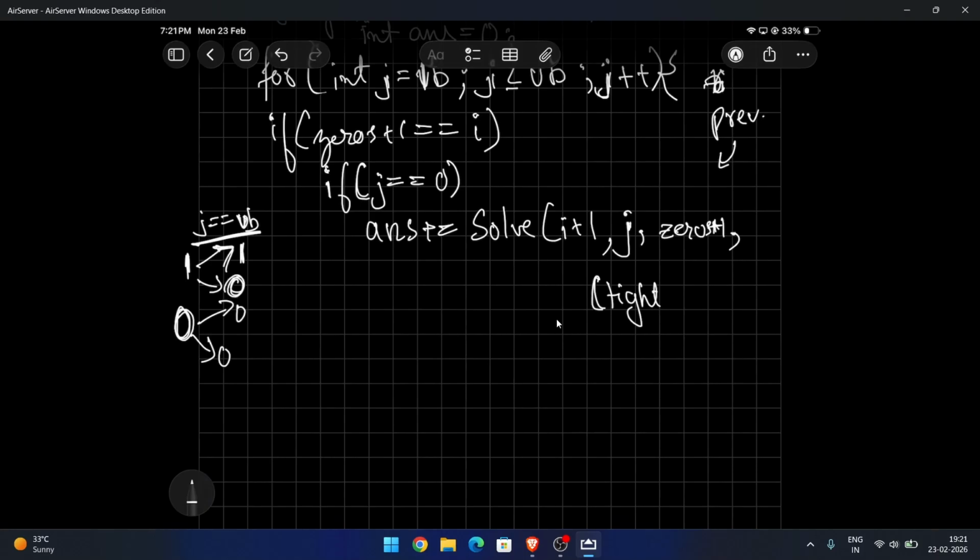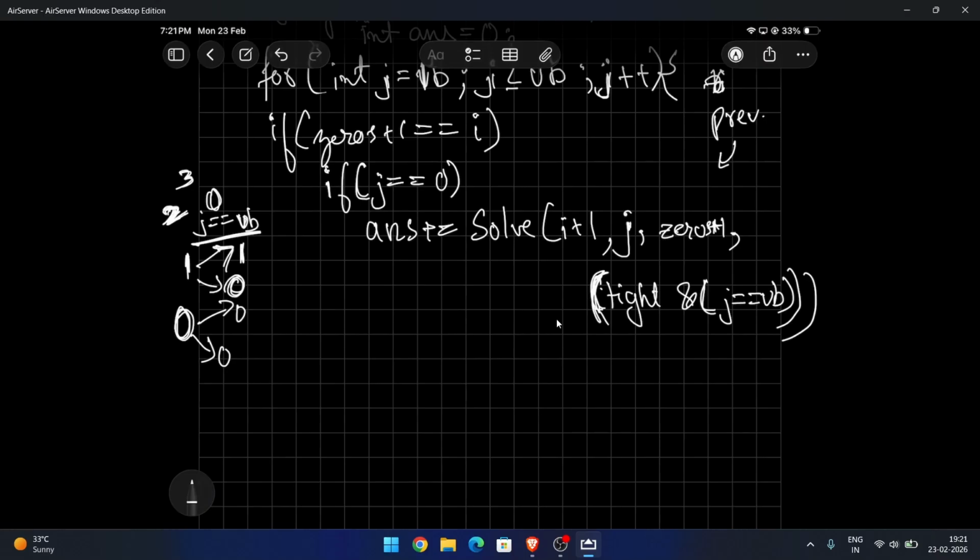Otherwise, it would be 0. Because let's say upper bound was 3, and if we have put 2, now the tight becomes relaxed, so it would be 0. So the second condition is that A should be equal to upper bound; then only it would be 1, otherwise 0. Okay, so this is the tight condition.